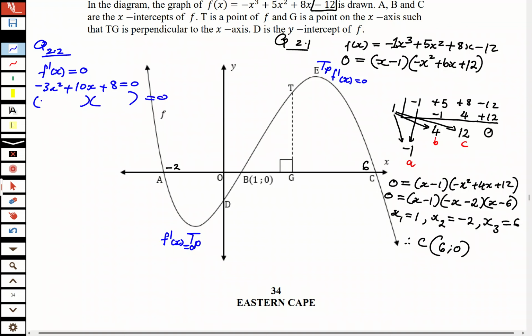So you'll have -3x times x, and then you just need the factors of 8. The factors of 8 are 4 times 2. But remember, you have this 3 there again, and you also have 8 times 1. This is going to give you 8 there.